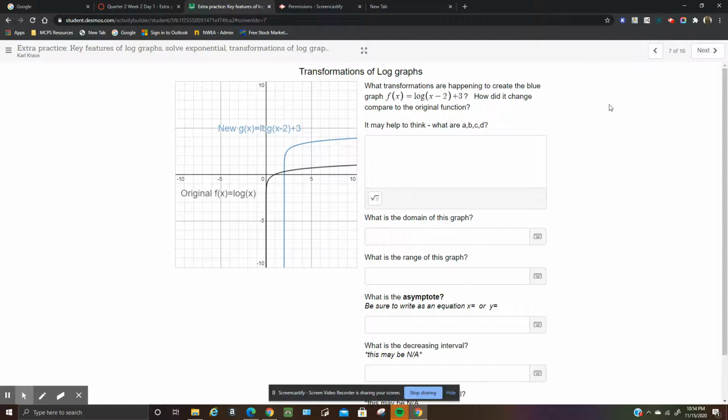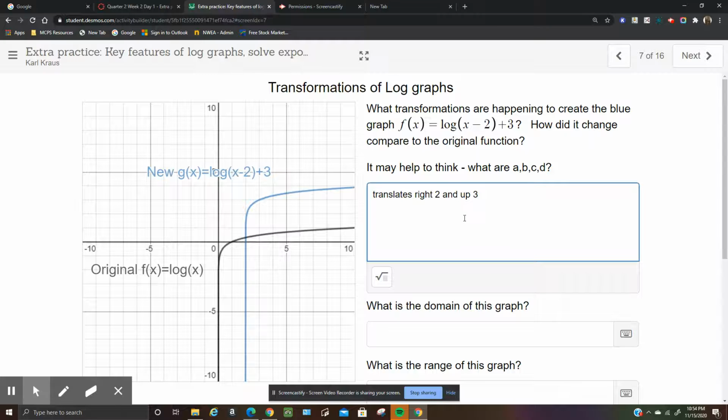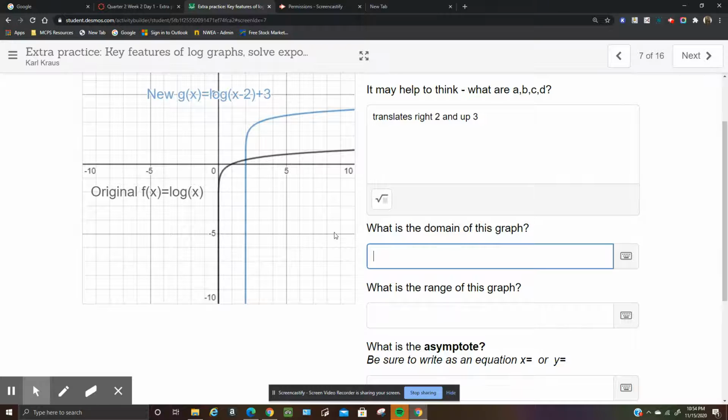All right, on slide 7, it says what transformations are happening to create the blue graph, log of x minus 2 plus 3. How did it change compared to the original? So it translates right 2 and up 3. Probably should have enlarged all the slides there. All right, so what's the domain? I'm going to talk about the blue graph again.